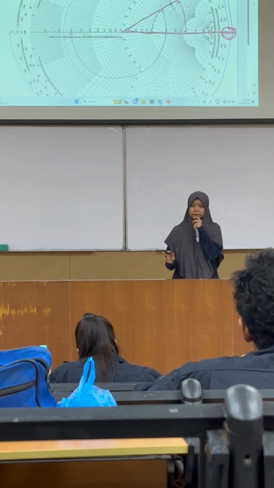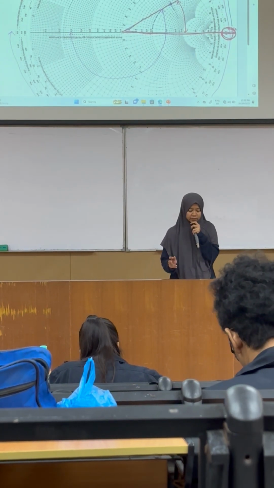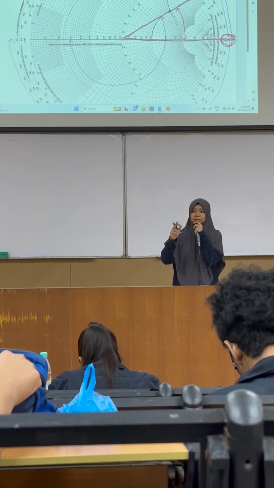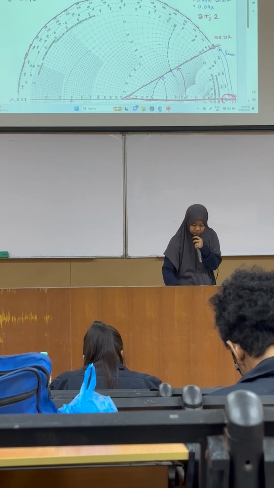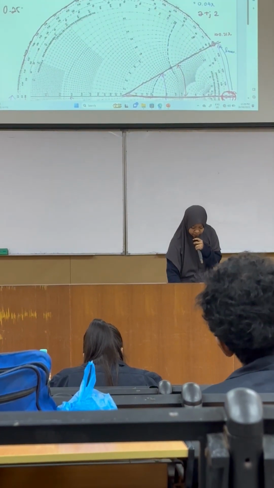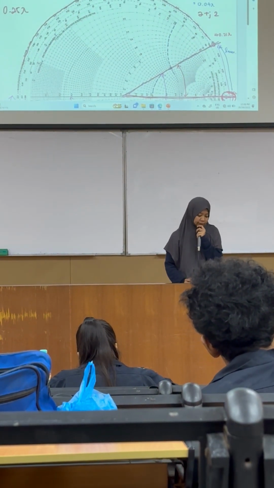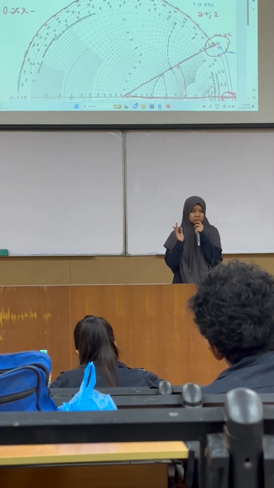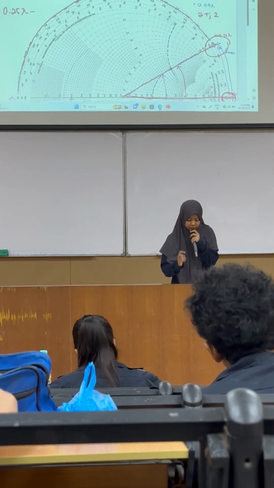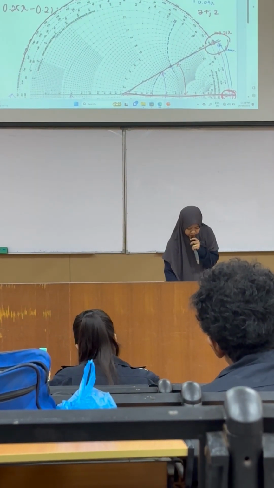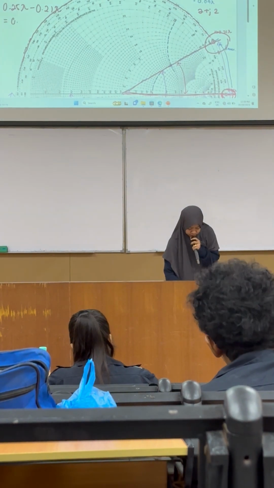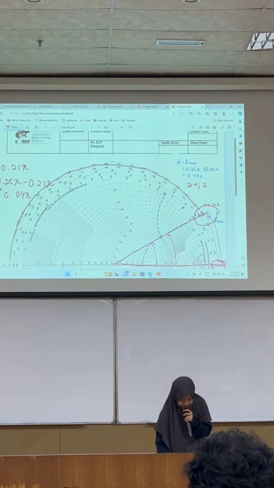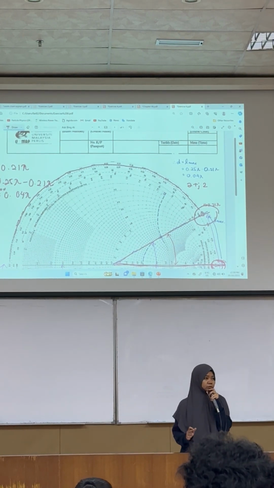So how many lambda is the Vmax? 0.25 lambda minus the ZL location, which is 0.21 lambda, so you get 0.04 lambda. So Vmax happens at 0.04 lambda.